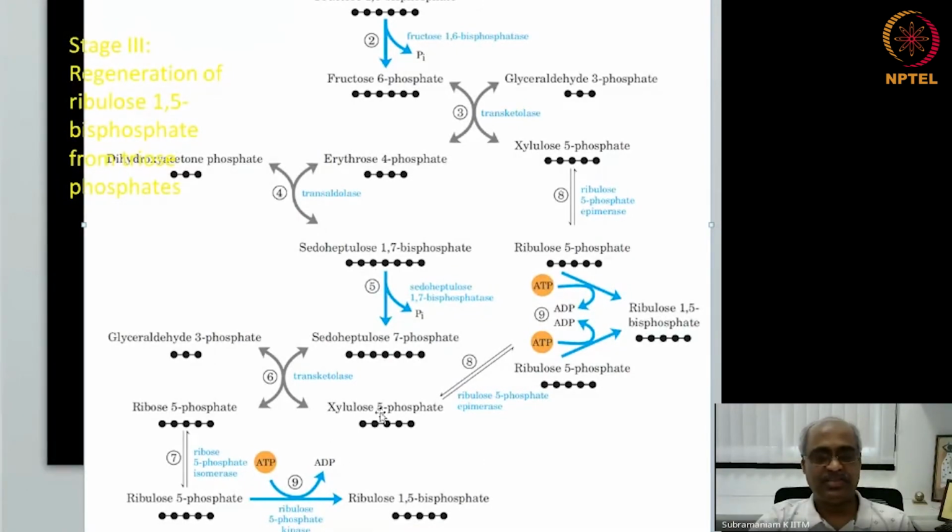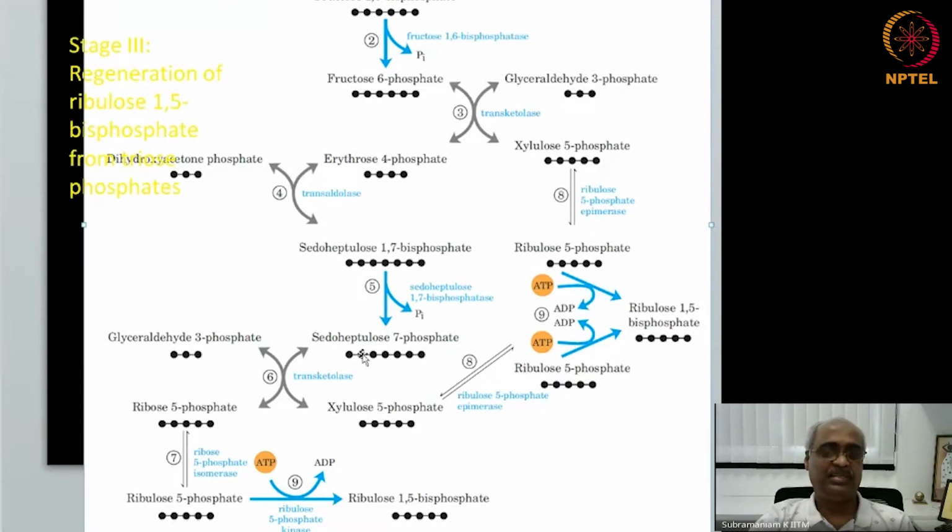For example, here this xylulose 5-phosphate by an epimerase becomes ribulose, and that gets phosphorylated again, a seriously endergonic reaction requiring ATP hydrolysis, unidirectional again. So the unidirectional ones are shown in blue, forming the ribulose 1,5-bisphosphate. And a very similar reaction, an epimerase and this kinase reaction, converts the xylulose formed here to this. These are identical molecules at the same steps.